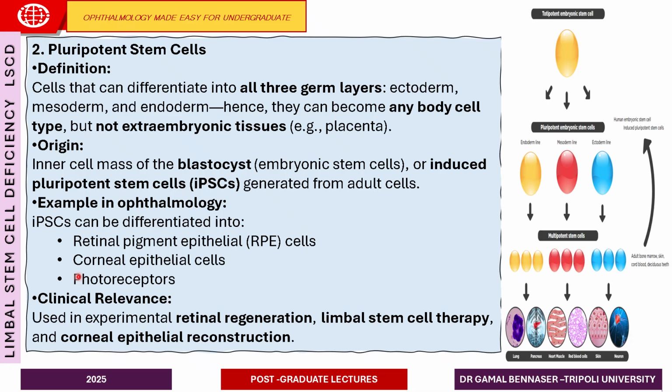Still, these are under experimental methods for regenerating the retinal pigment epithelium and the photoreceptors. So they are used as experimental retinal regeneration and limbal stem cell therapy and corneal epithelial reconstruction. However, the pluripotent stem cells are still not used clinically or practically, but only at the experimental level. So the totipotent and the pluripotent stem cells are practically still not used in ophthalmology.